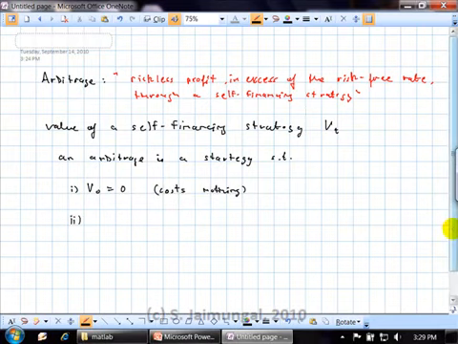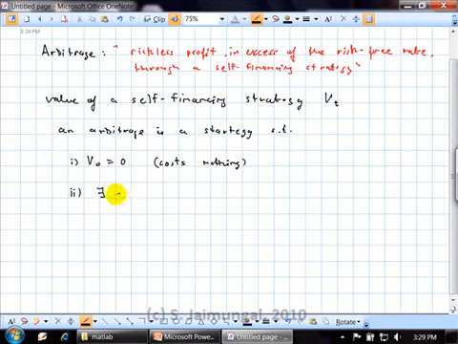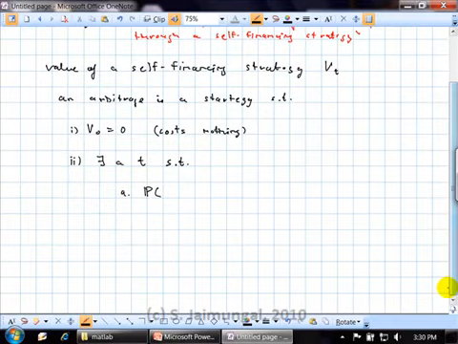Second thing is there exists a time T such that you have the following conditions. P, the probability. I always denote probability measures and probabilities with this sort of blackboard P or a blackboard Q, and we'll talk about the differences in a bit. So the probability that the value of that strategy is greater than or equal to 0 is 1.